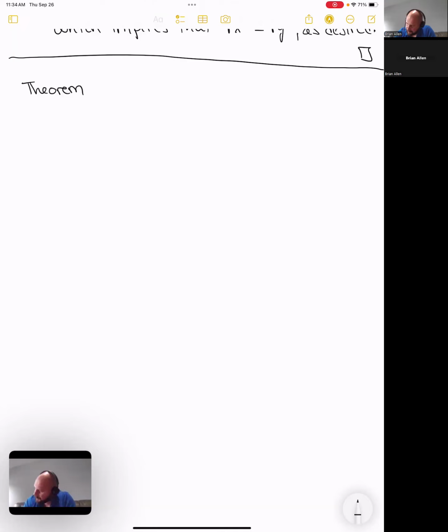Okay, so this is theorem 1, and I'm going to abbreviate this algebraic mean geometric mean inequality. Okay, so here's the statement.